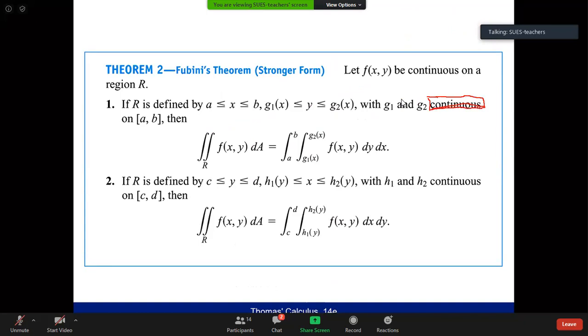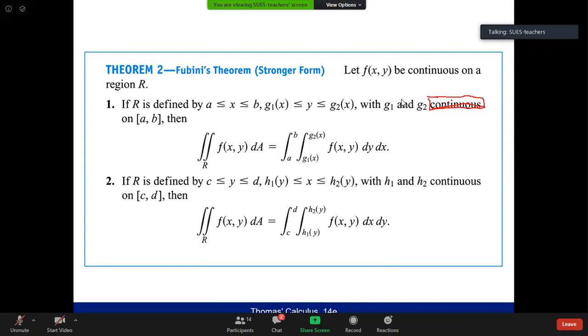So when we are doing this type of question, we always have the assumption that g1 and g2 are continuous. In advanced mathematics we usually don't emphasize these conditions, but I learned analysis, not just calculation. When I was in grad school, for all of these things, we were very, very careful about whether g1 or g2 are continuous.